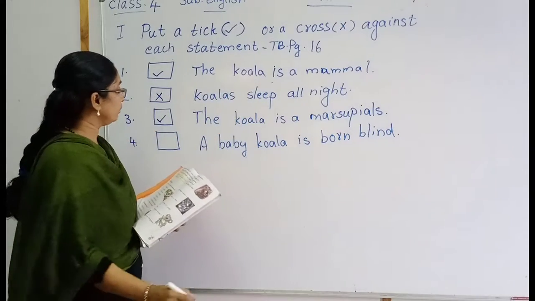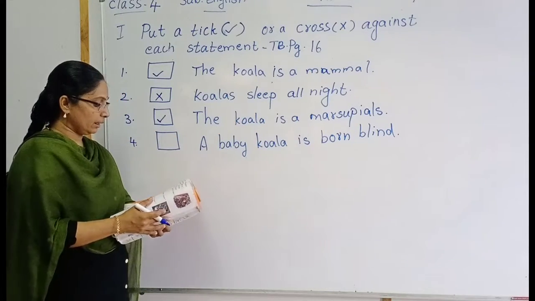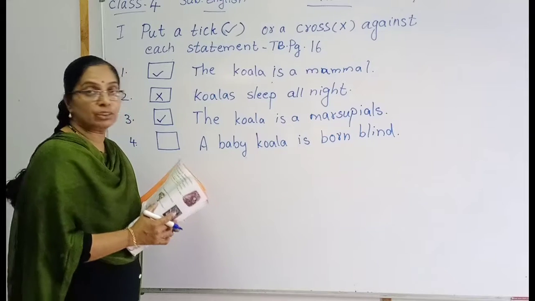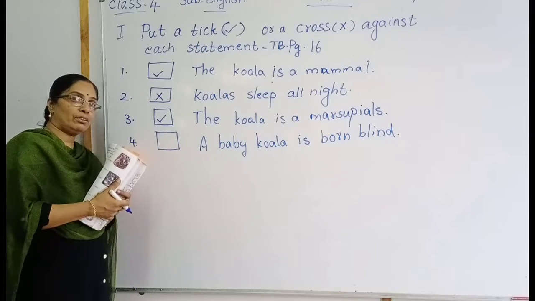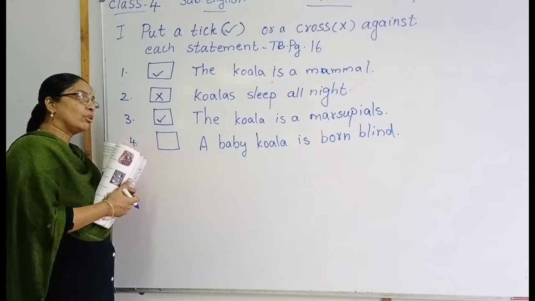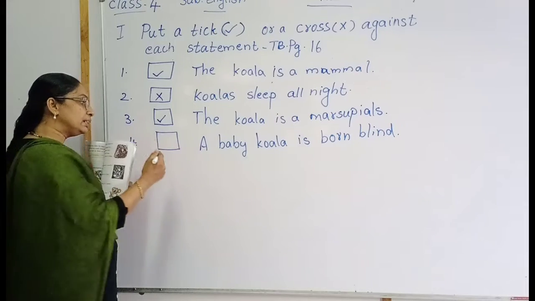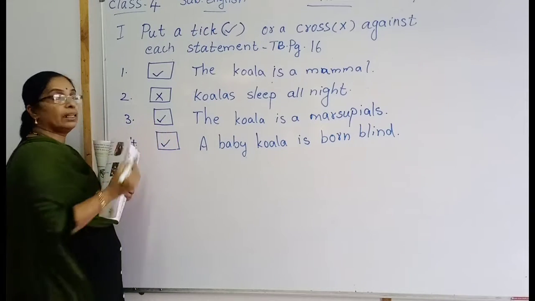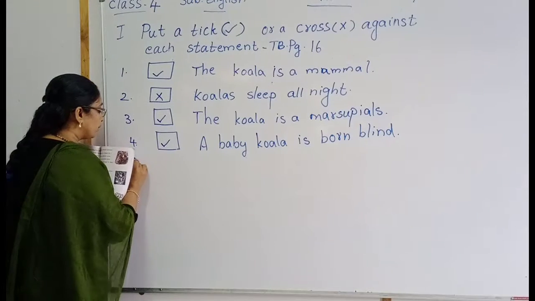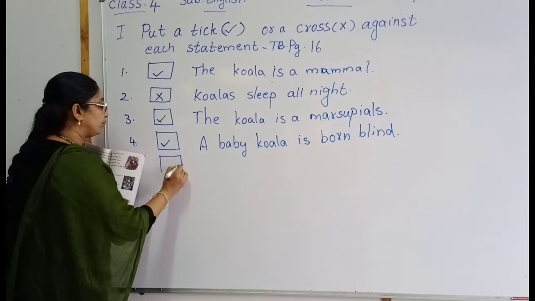See the sentence, children. A baby koala is born blind. I explained, no? The baby koala is blind, can't see. The statement is correct.